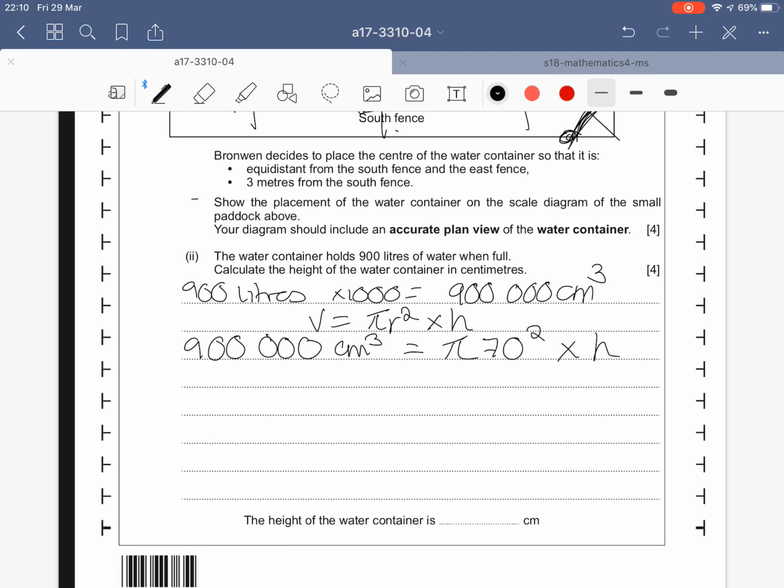So if we do pi times 70 squared, we get 70 squared. I think we get 0.154. Hang on, let me check that on a calculator. So pi 3.14 times 70 squared.